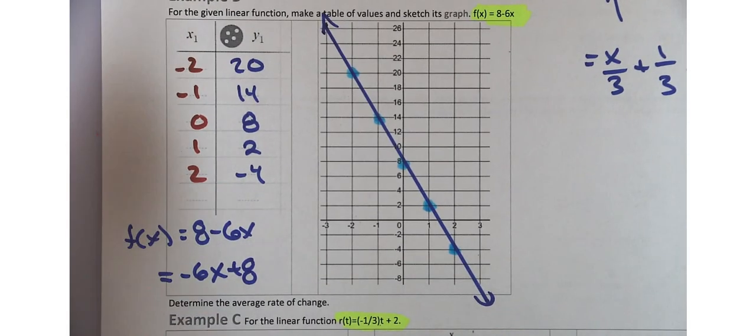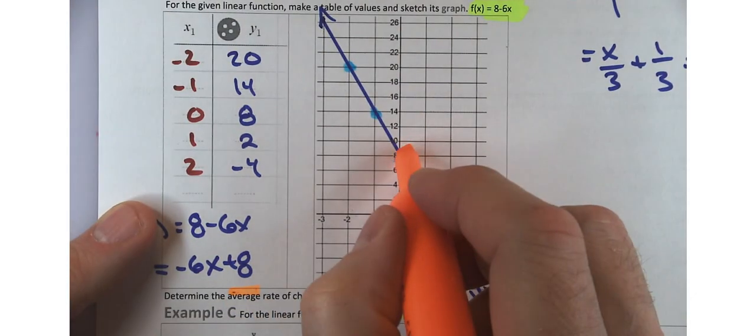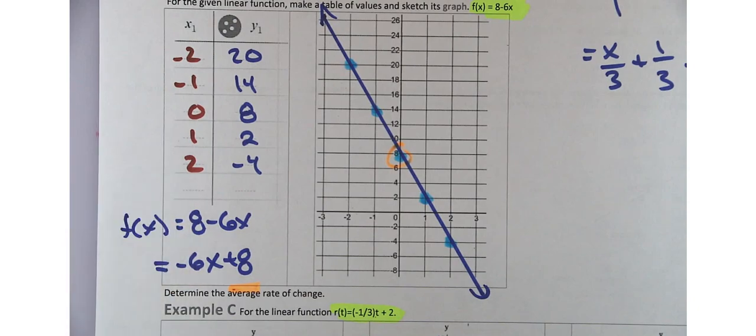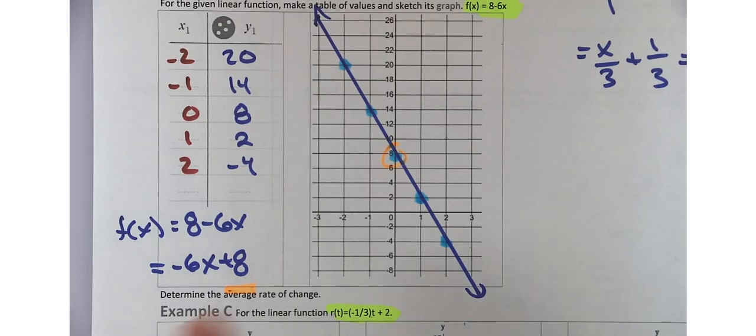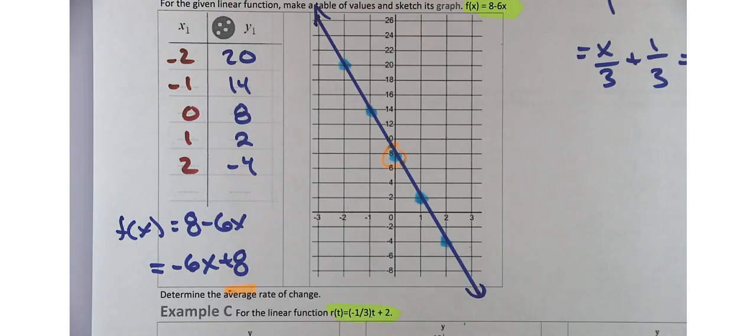That's probably how I would do this. And you can see that that point right here, 0, 8, that's this one right there. There's your y-intercept. And you've got a slope of -6, I should say. As you move over to the right by 1, you go down by 6.